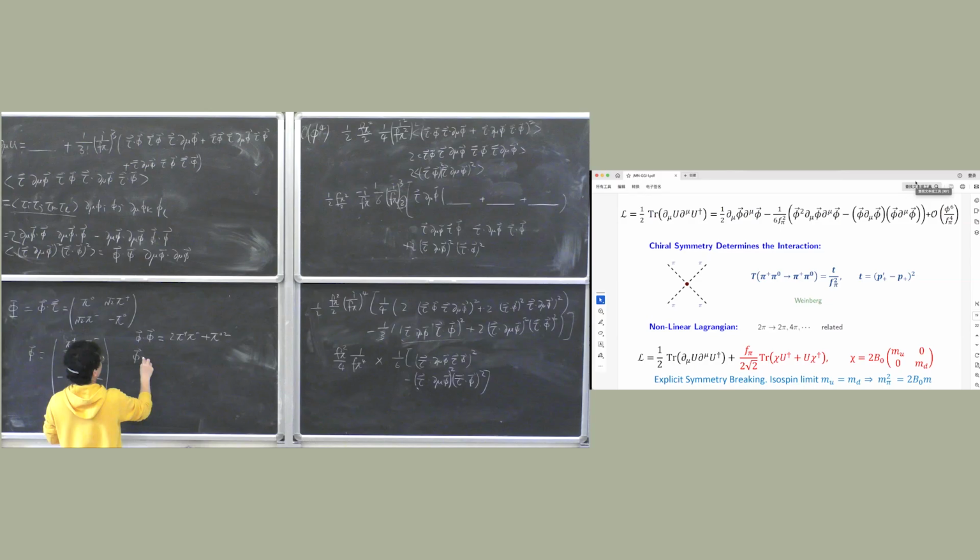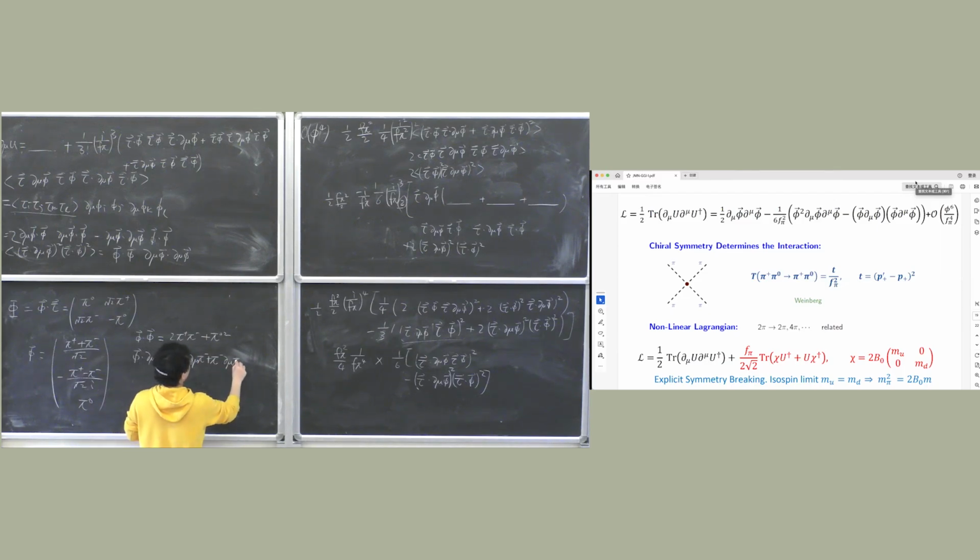Also, the phi dot partial mu phi goes like this, and of course similarly, just put the partial derivative here. And now take these expressions into this one.